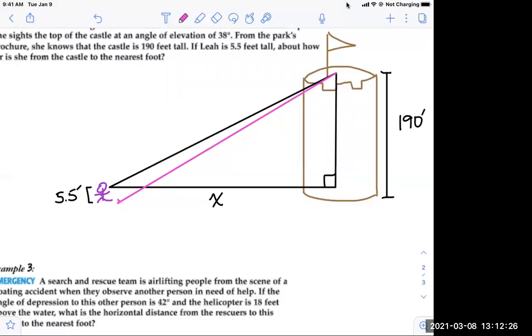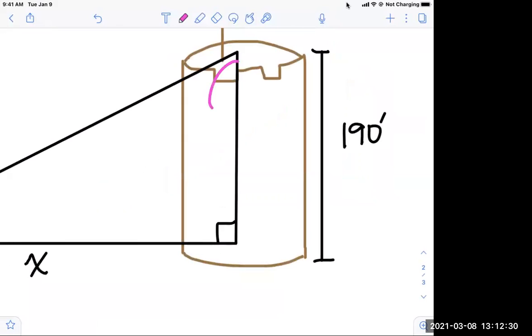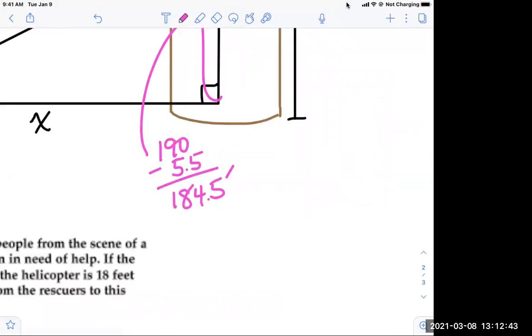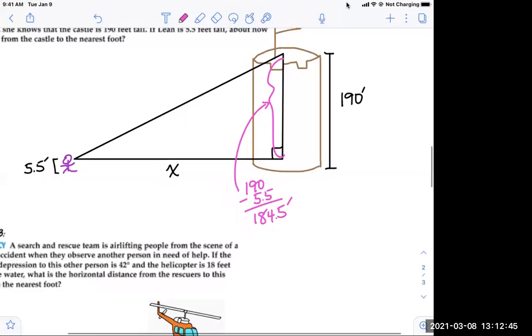You can use the 5.5 to reduce from 190. So this side of the triangle is actually 190 subtracted by 5.5, which is 184.5 feet. You don't want to use the 190 on this one because the triangle is coming off of her head rather than off of her feet, rather than off of the ground.